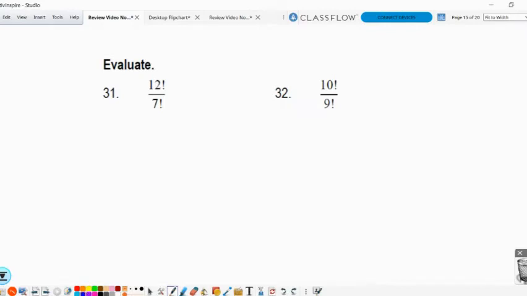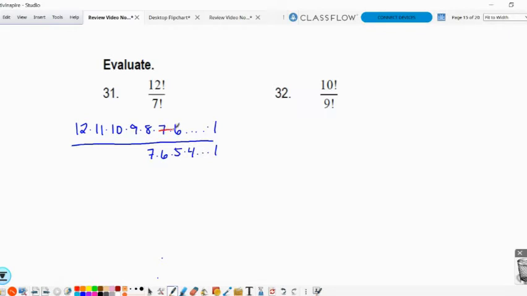we evaluate. In our numerator, 12 factorial would mean 12 times 11 times 10, all the way down to 1. And in our denominator, 7 factorial would be 7 times 6 times 5 times 4, all the way down to 1. Since this is all multiplication, we can do some canceling.